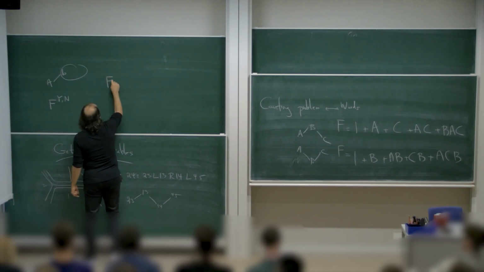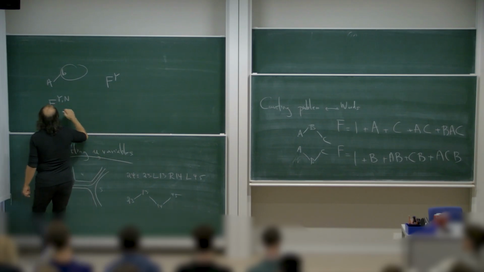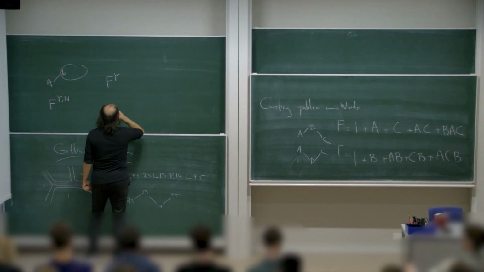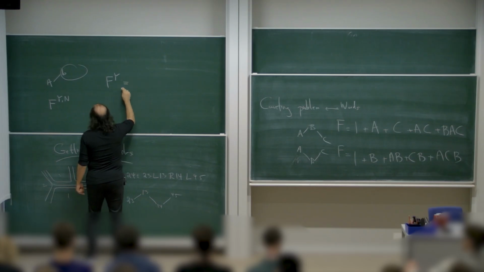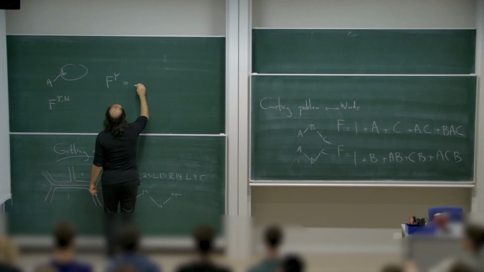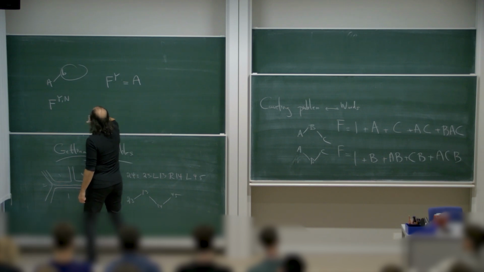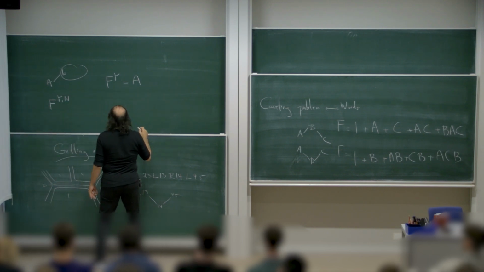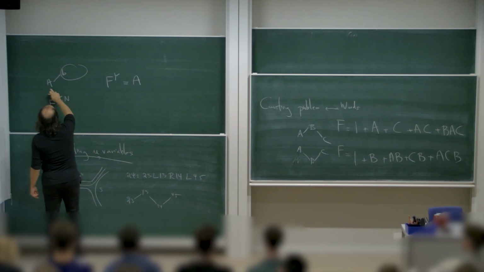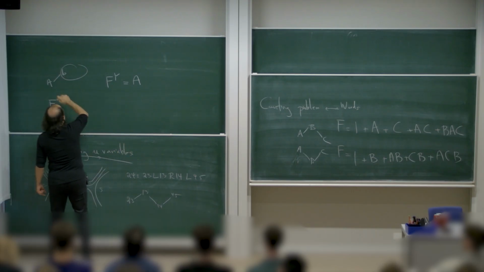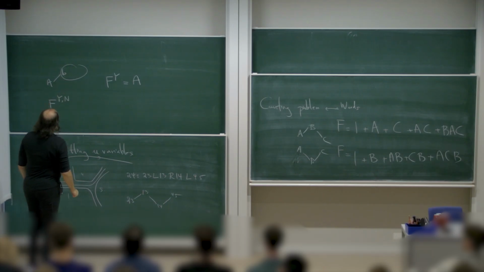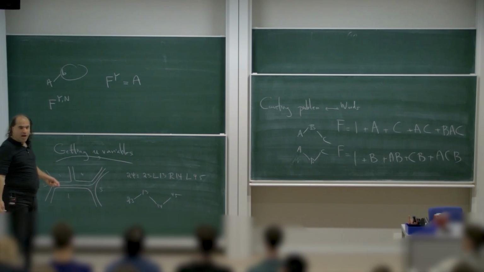So what is F yes? Well, F yes is it chooses A. Because it chooses A, it's going to have a factor of A there, right? But if I choose A, then the question is, do I have to choose B or not?